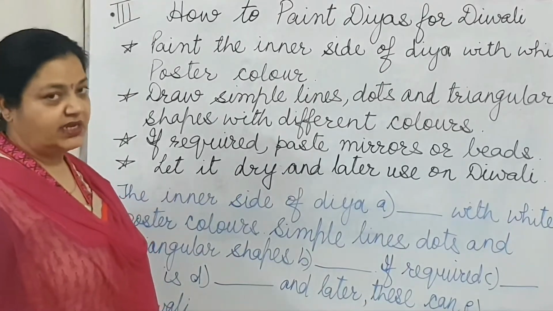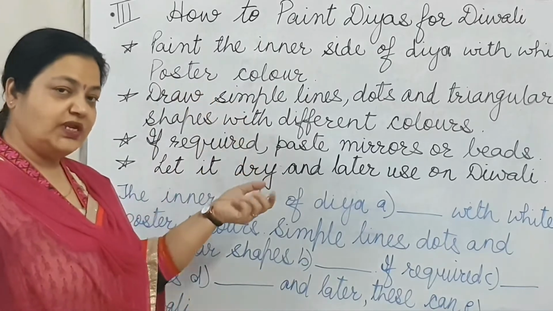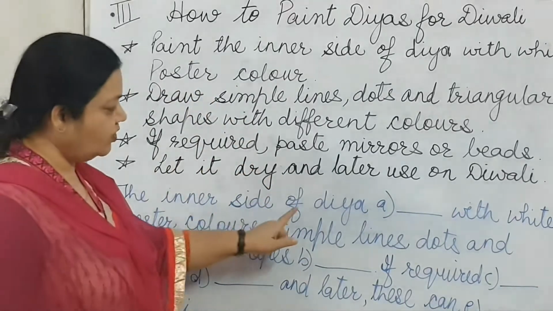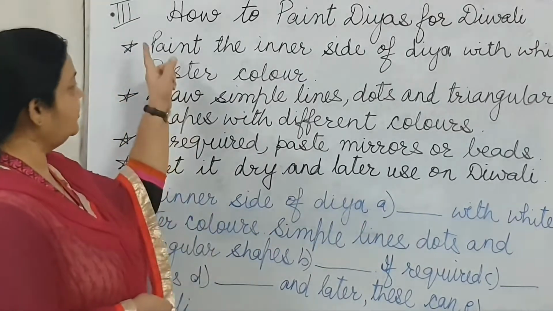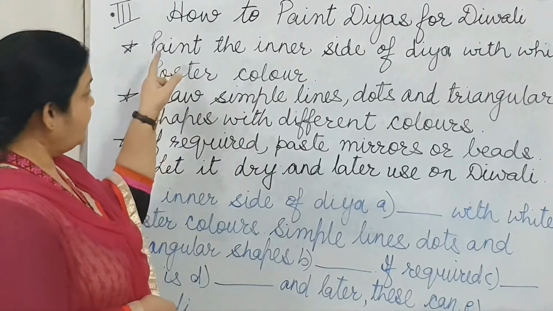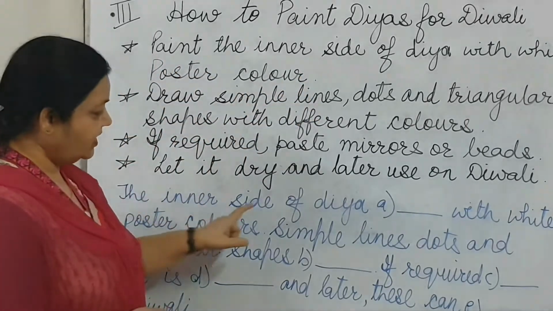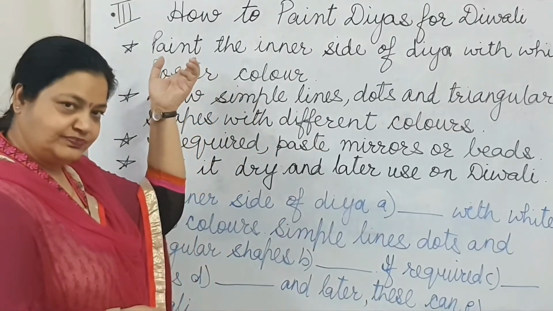The passage is clear and the instructions are also very clear. Now let us quickly solve it. It says the inner side of diya dash with white poster color. Let us see the first instruction. Paint the inner side. So the inner side of diya is painted.